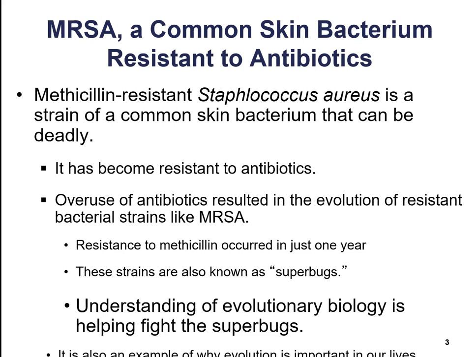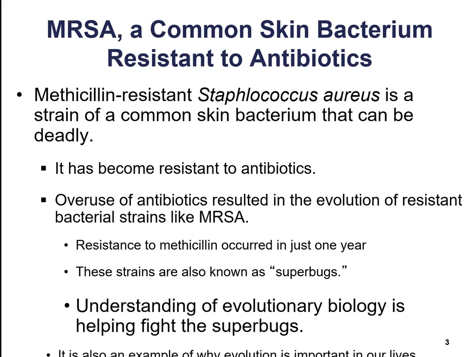And it's believed that antibiotic resistance is fueled by the overuse of antibiotics. And so it says here that resistance to methicillin occurred in just 1 year, right? So it can happen pretty quickly. And again, it's a problem if these bacteria that normally wouldn't be deadly can become deadly because they are so resistant to antibiotics.